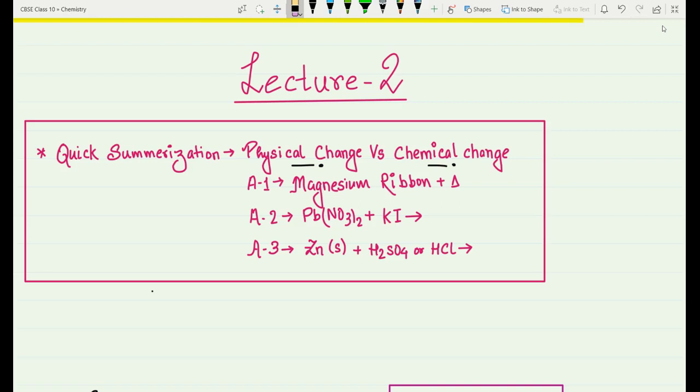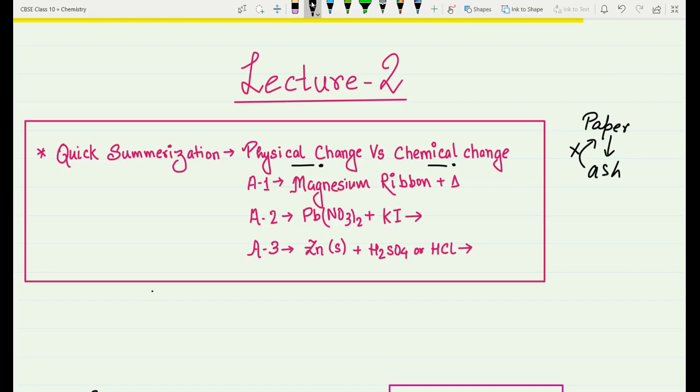In a chemical change there is a change in properties and we cannot retrieve the old thing back. For example, we took the example of a paper which, when we burn it, turns to ash, and from that ash we cannot get the paper back.